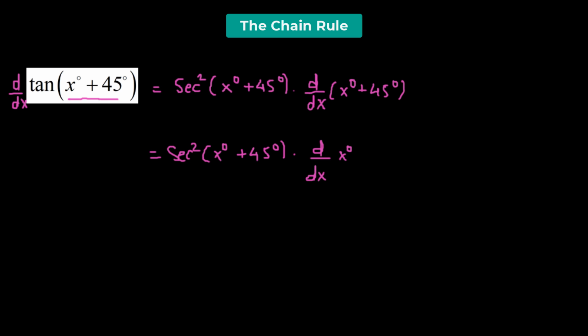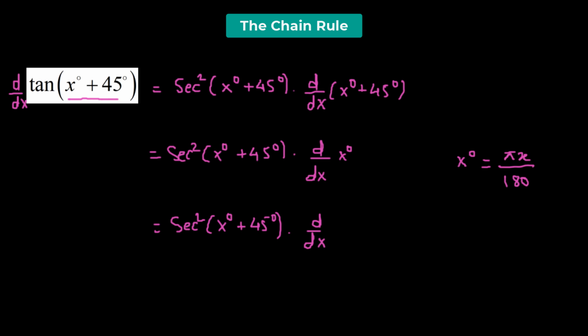Now x degrees, we can convert it to radians, which we have already done in the previous section. So x degrees will be equal to pi x over 180. So let's replace it with pi x over 180. So we have secant squared x degrees plus 45 degrees times the derivative of x degrees, which is pi x over 180.